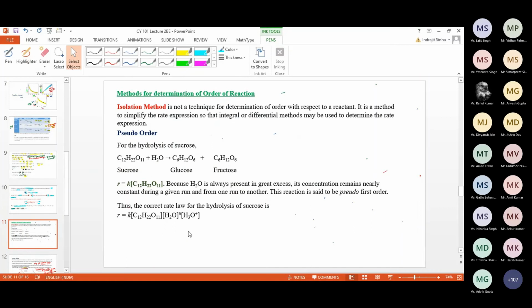Okay. So now we have done with the integrated rate laws, the expressions that we are going to use in this particular course. We will not go for very complicated integrated rate law expressions.